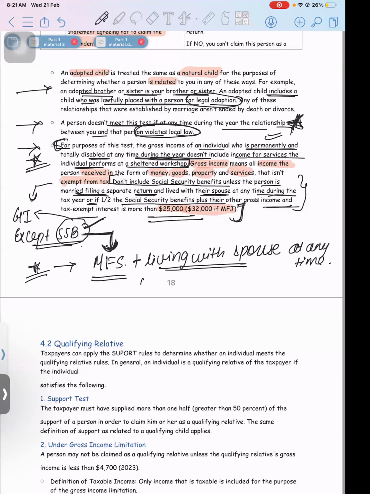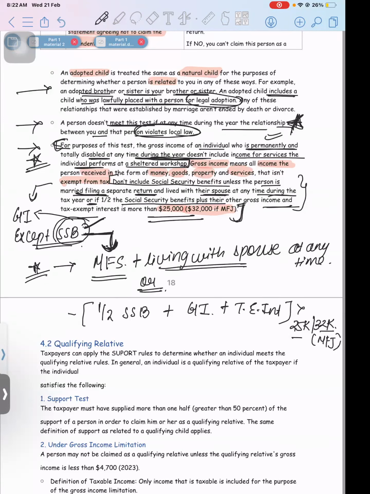The second thing is, during the tax year, if half of your SSB plus other gross income plus tax exempt interest is going more than 25K or 32K, where 32K is for MFJ, then again the SSB will be included in your gross income.